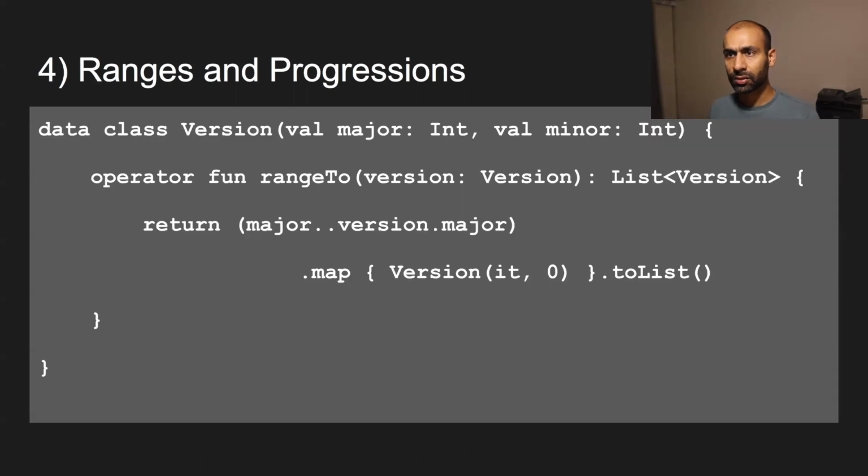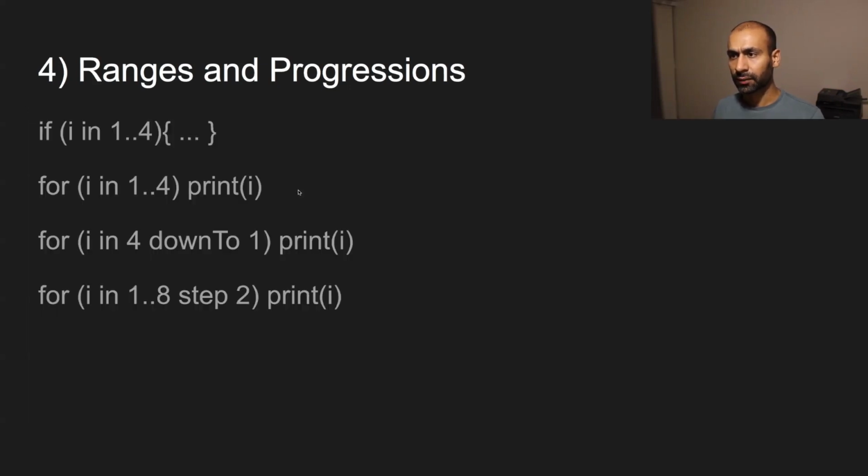You could also provide your own custom ranges. To do that, you have to create an operator function rangeTo within your class. Once you've done that, just like we do 1..4, which creates a range from 1 to 4, you could create version one..version two. It's going to return all the versions within those two.